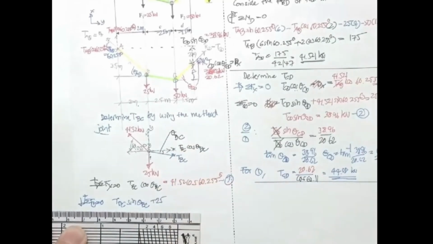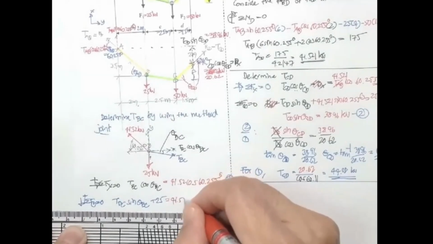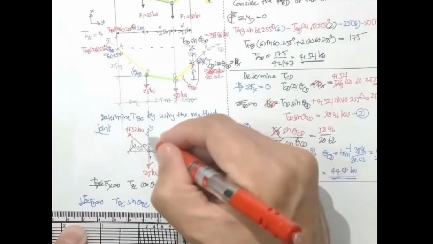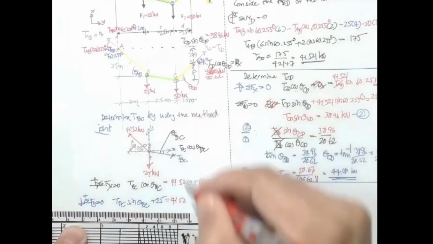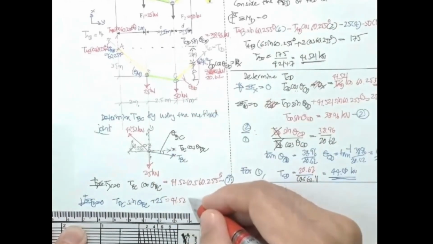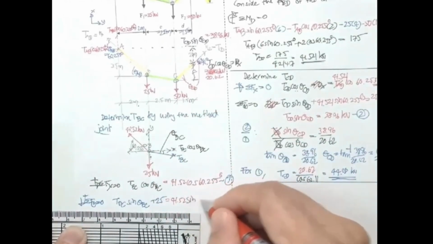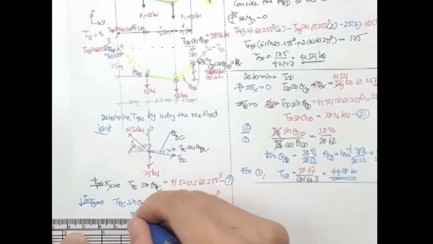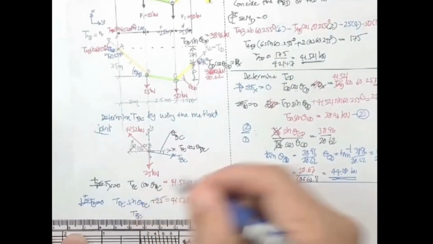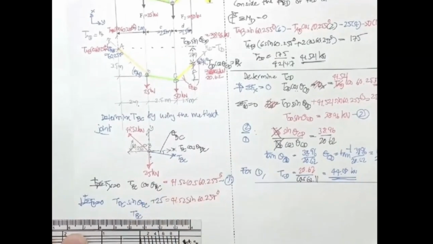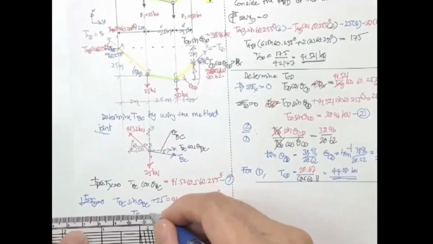And then it's going to be equal to 60.52 and then upward. This is going to be sine 60.255.